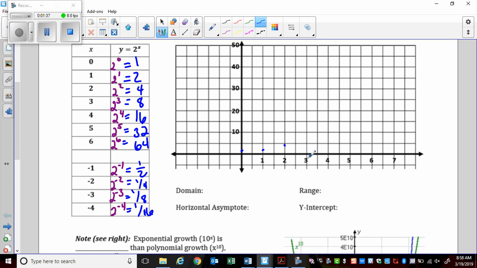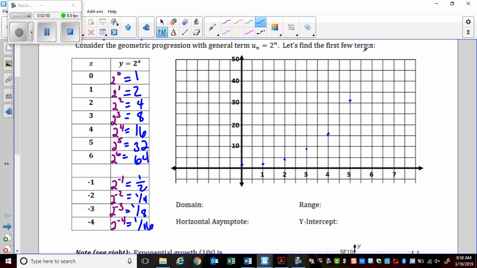And then at 3, it goes up to 8. And then at 4, we go up to 16. At 5, we go up to 32. And then at 6, we're already up here at 64. Do you see how quickly that grows?